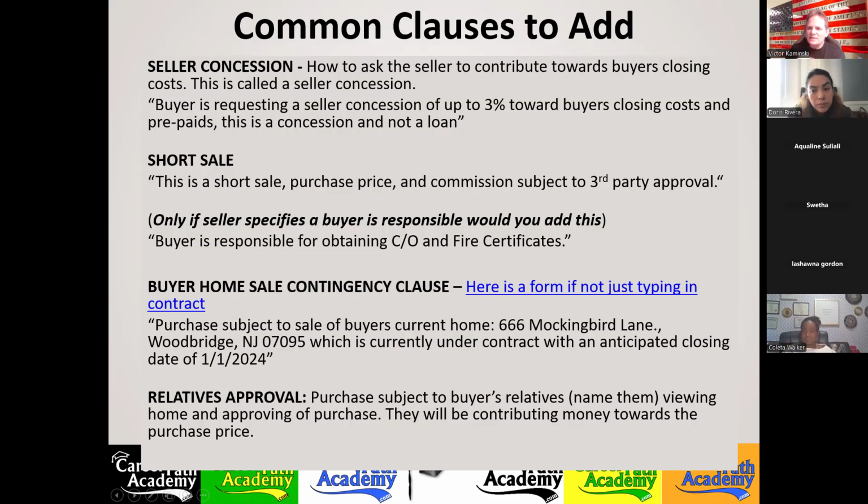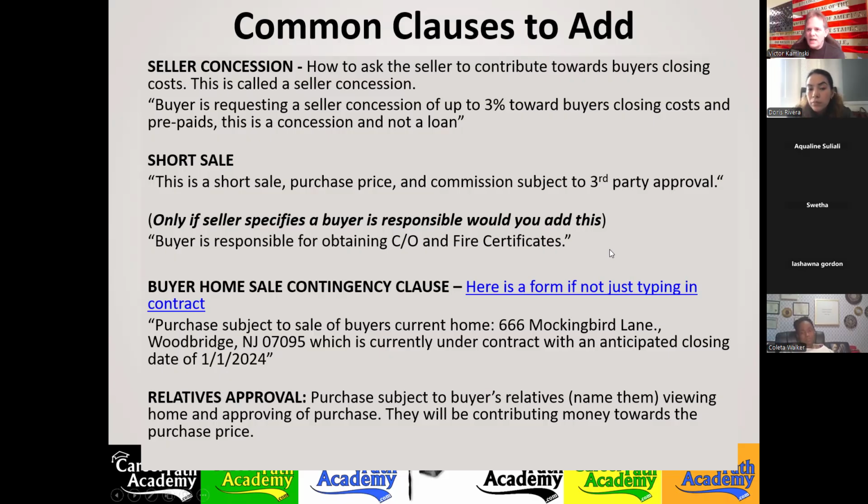Now, if it is a short sale, only if the seller or their agent specify that the buyer's responsible for obtaining the CO and fire certificates would you actually write that in the contract. Buyer's responsible for obtaining CO and fire certificates. Because in order to get them, if there's an inspection and work needs to be done, well, then the buyer's responsible for getting the work done.